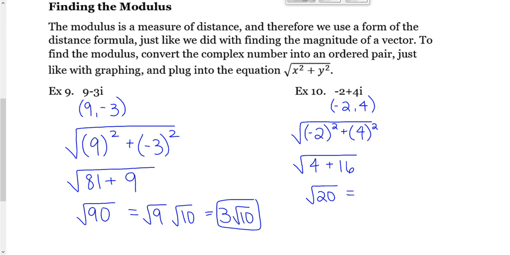Well, I could break the square root of 20 down into the square root of 4 times the square root of 5. Square root of 4 is 2. Square root of 5 cannot be determined, so it sticks around. You're not always going to be able to simplify a radical, guys, but in the event that you can, and if it's a huge thing, don't go looking for problems. But if it's something from 200 down, you really should be simplifying the radicals.